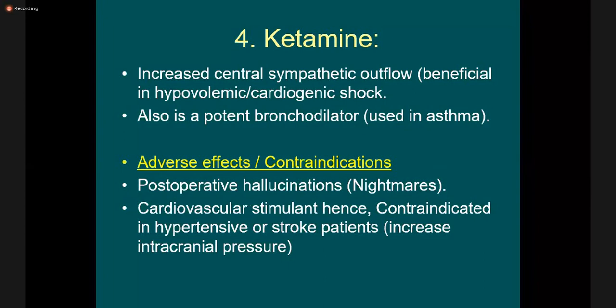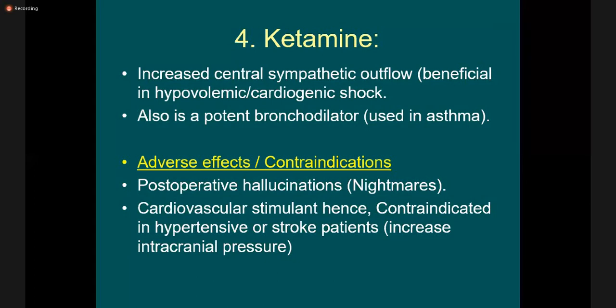So again, it is a good drug to use in a condition like hypovolemic shock or cardiogenic shock, because it increases the sympathetic outflow. Once the sympathetic outflow increases, there is an increase in cardiac activity. Like we discussed, Etomidate can also be used in hypovolemic shock.